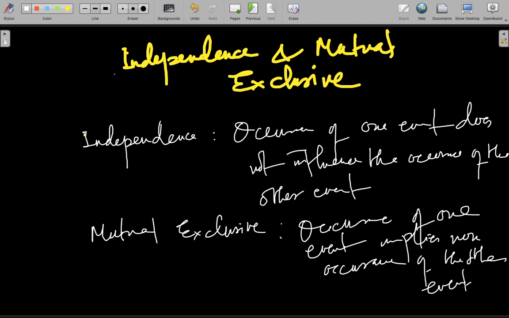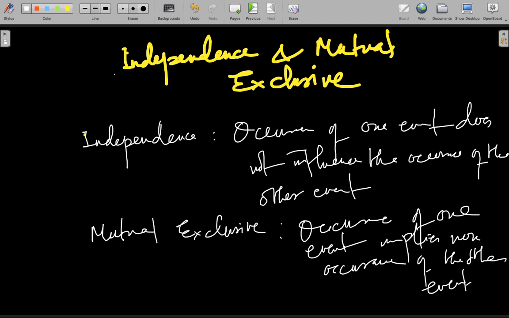Now look at these two definitions pretty carefully. For independence, the occurrence of X has nothing to do with the occurrence of Y. Whereas if the events are mutually exclusive, then the occurrence of X means Y is not there. Non-occurrence of Y is out. So the moment X comes in, if they're independent, X has nothing to do with Y. Y may come, Y may not come, X doesn't care.